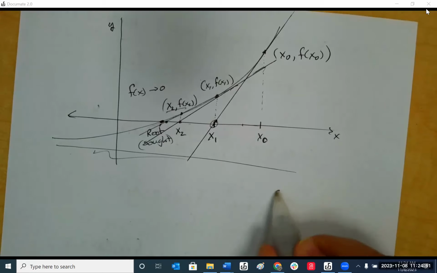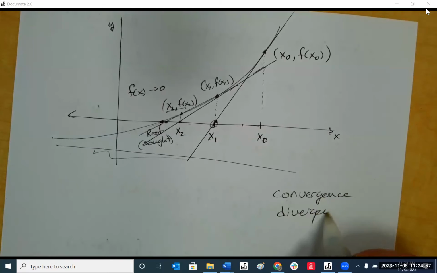This is what we're talking about: convergence versus divergence. As long as it's heading to a specific number, it's converging to that point. If it's getting bigger and bigger and bigger, then it's diverging.